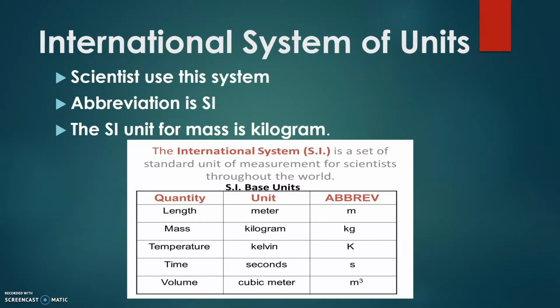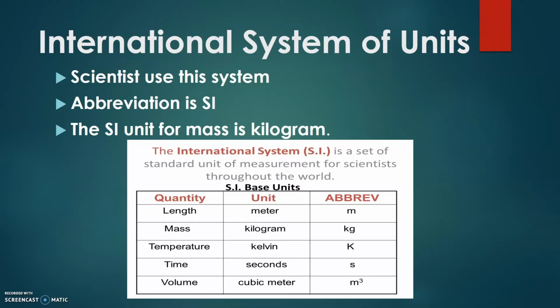Now, if you're not aware, the United States uses what's called the customary system. That's our inches, feet, miles, pounds, and so forth. We are one of the only few countries that actually use the customary unit. Most everywhere else uses the metric system, which is meters, grams, and so forth.